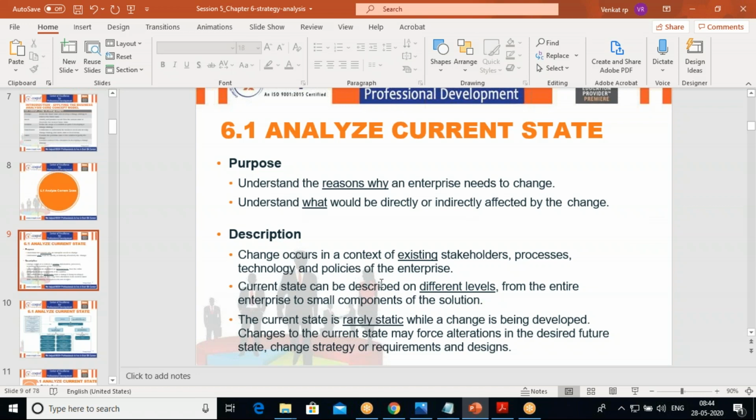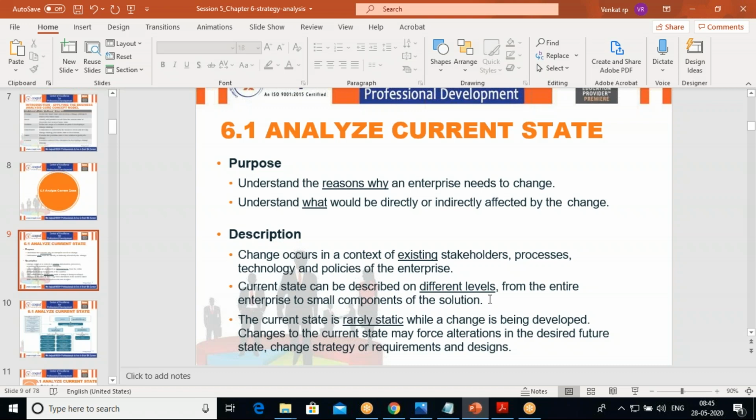Now, change occurs in the context of the existing stakeholders, processes, technology, and policies of the enterprise. So we have to understand the existing stakeholders, processes, technologies, and policies of the enterprise. The current state can be described at different levels, from the entire enterprise to small components of the solution.